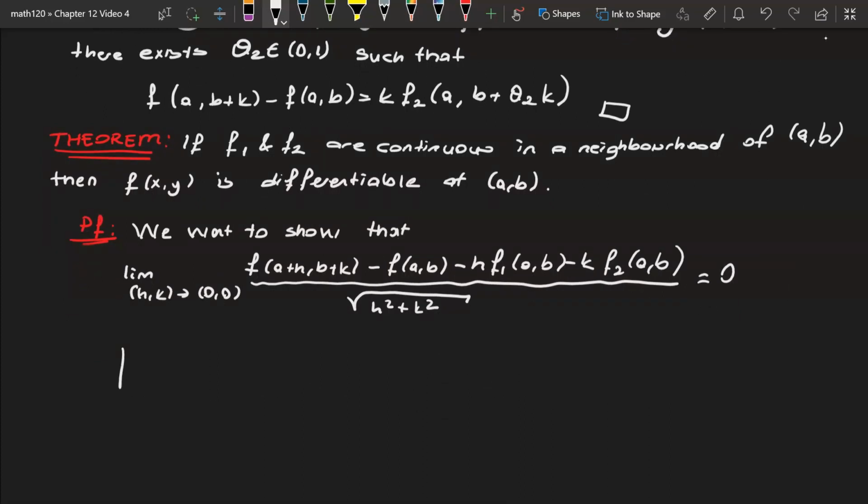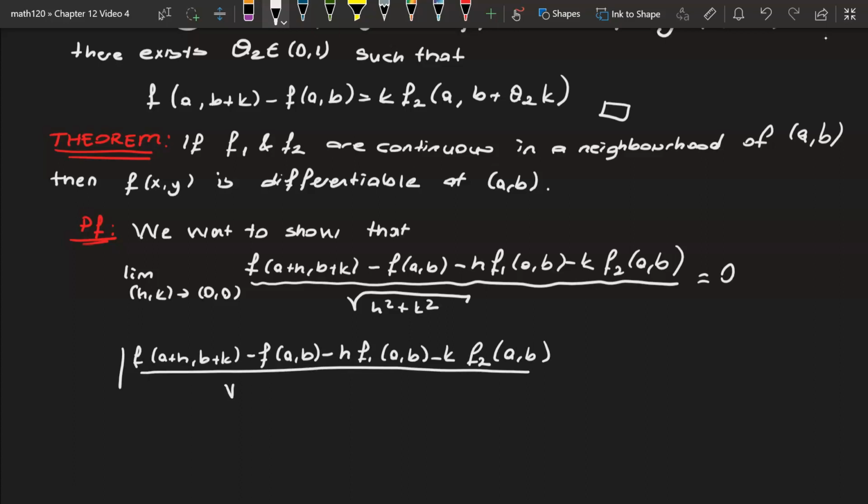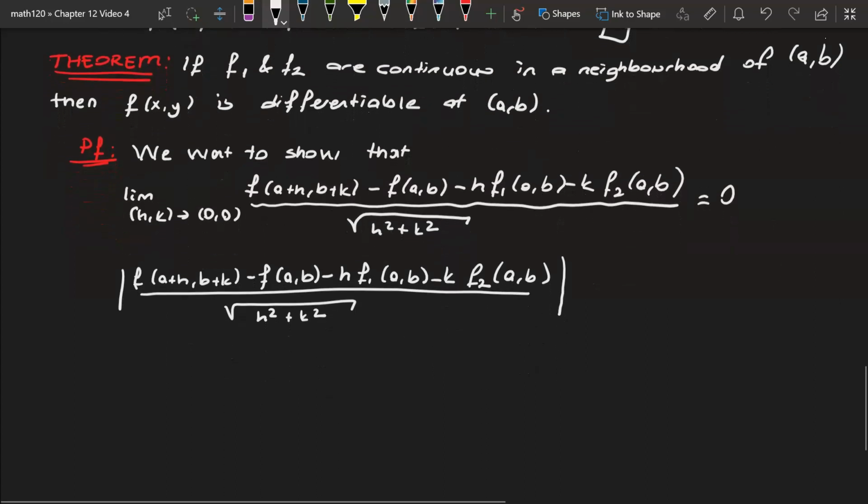Consider the absolute value of the expression f of a plus h, b plus k, minus f of AB minus h times f1 AB minus k times f sub 2 AB over square root of h square plus k square. We need some modifications.